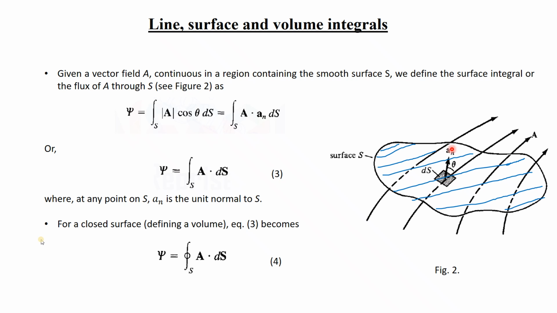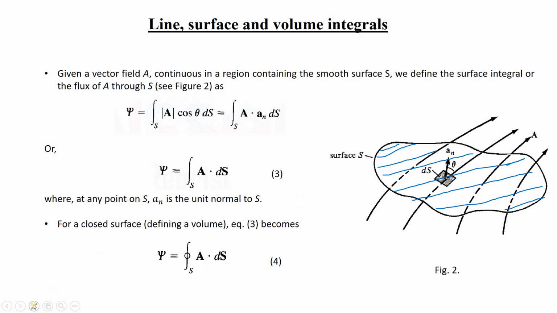Now the direction of the vector is perpendicular to its surface. So if ds is the small segment area, that means a small segmented surface whose area is ds, magnitude is ds, then the vector will be perpendicular to it.